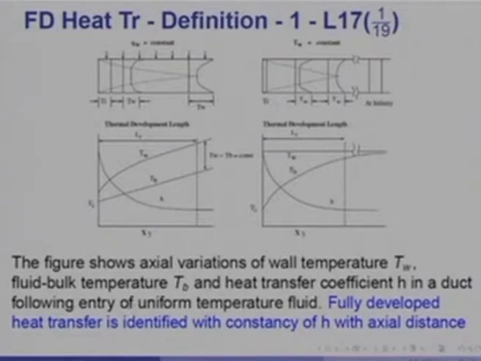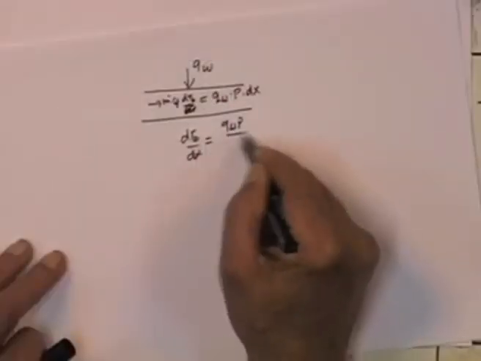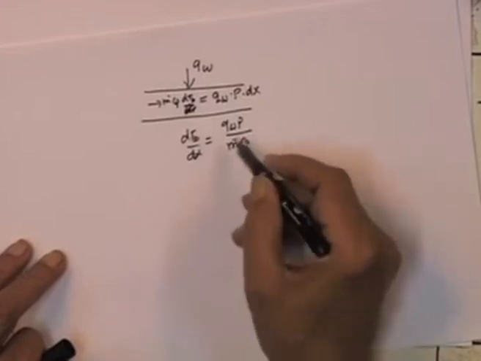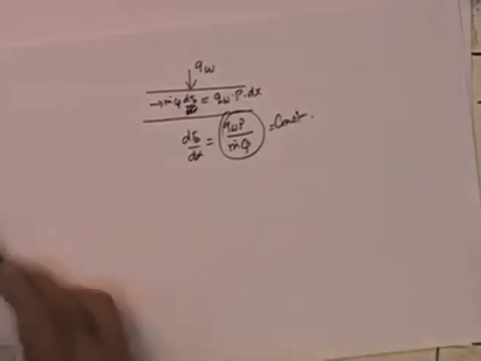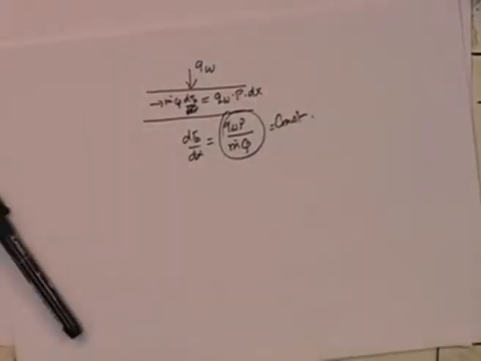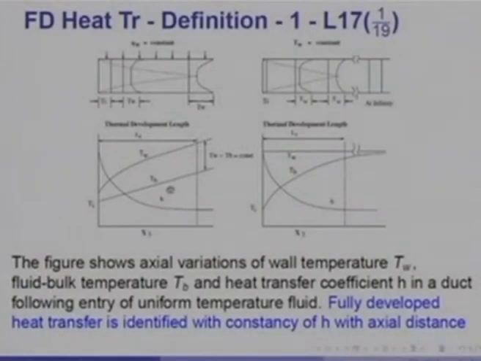Mind you, heat flux is constant and therefore, m dot Cp into dT bulk by dx will be simply equal to q wall into perimeter, and therefore, dT bulk by dx will be simply q wall into perimeter divided by m dot Cp, and all these are constants. And therefore, you would see that the bulk temperature would rise linearly with x right from the start.